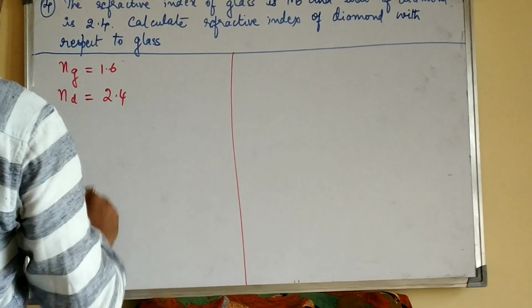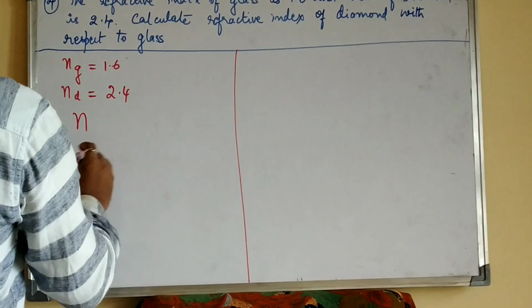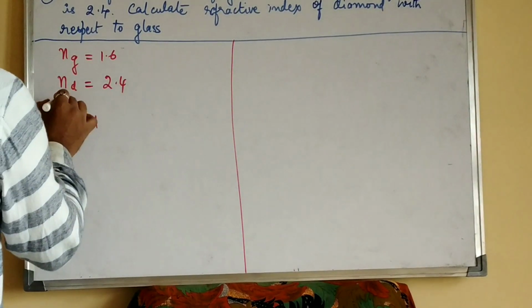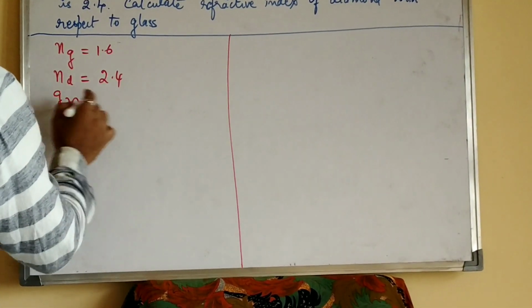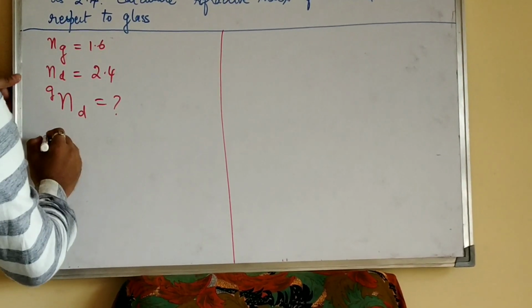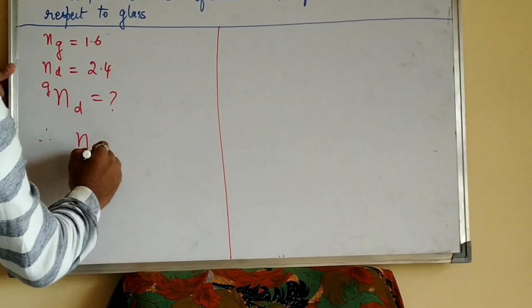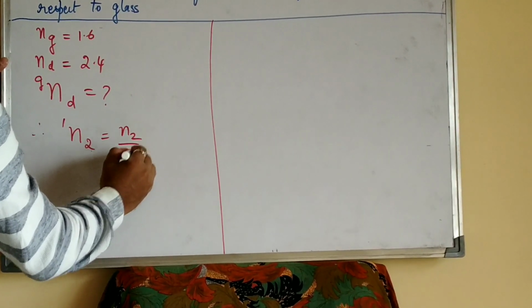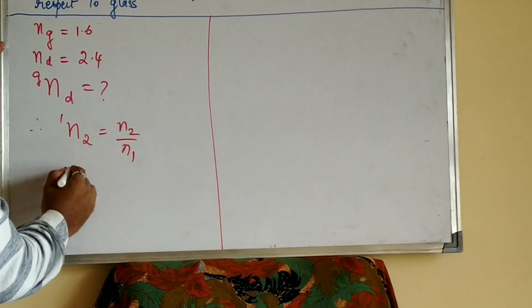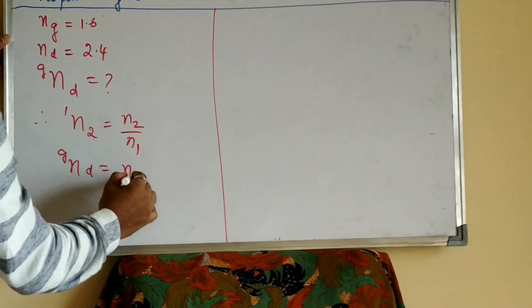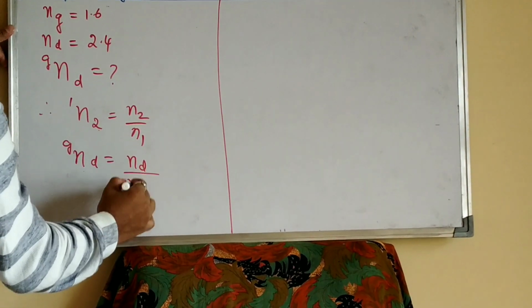Then you have to find out the refractive index of diamond, the second medium, with respect to glass. Glass you should write at the bottom. So what is that formula? You know which is the formula? Refractive index of second medium with respect to first medium is equal to N2 by N1, which means refractive index of diamond with respect to glass is equal to refractive index of diamond by refractive index of glass.